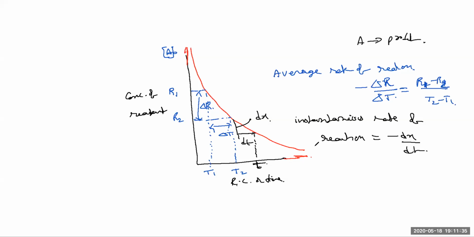Now I am drawing the curve with respect to product. The reactant concentration decreases. The negative sign indicates disappearance or decrease of the concentration of the reactant.